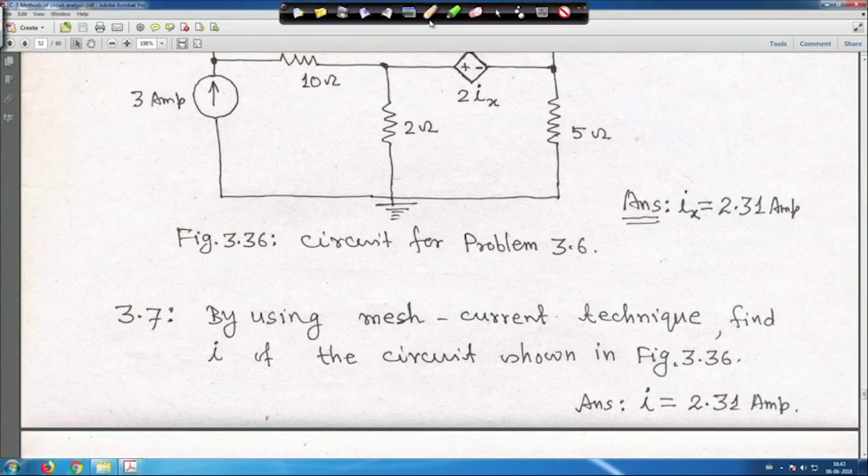Here is a correction, the suffix should be x. Find Ix for the same figure 3.6. Because it is also Ix, the answer has to be the same, 2.3 ampere. This is a correction only.